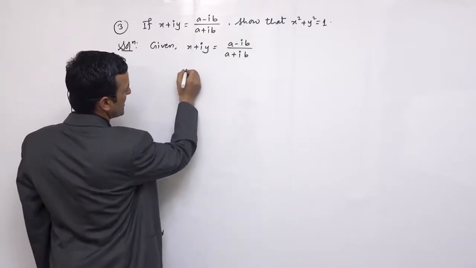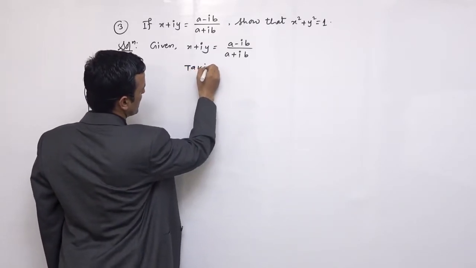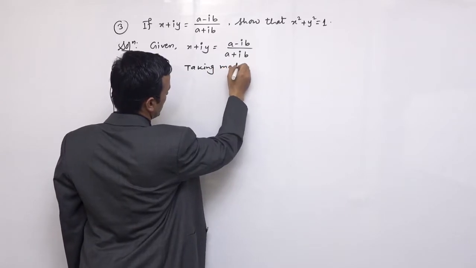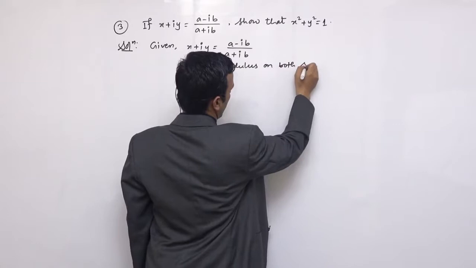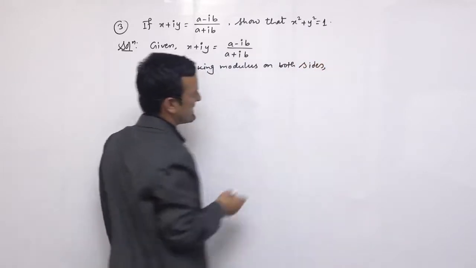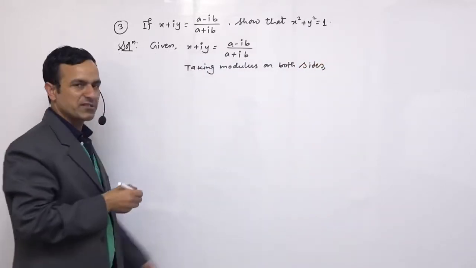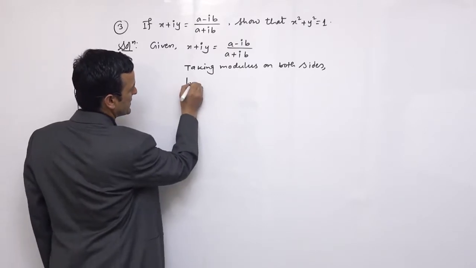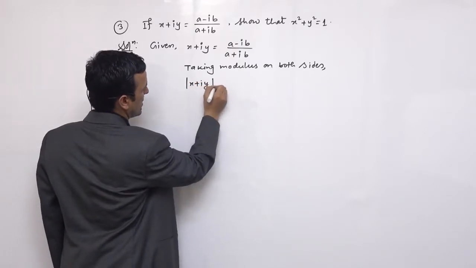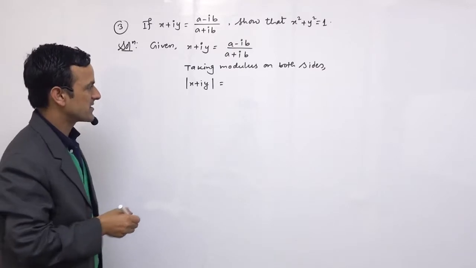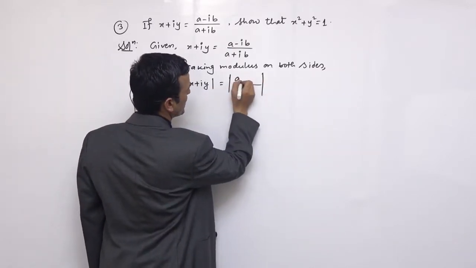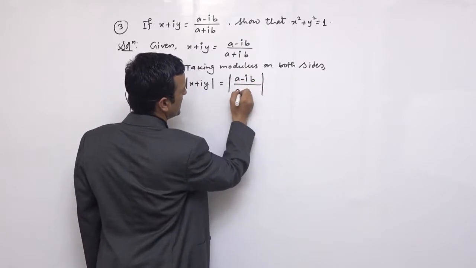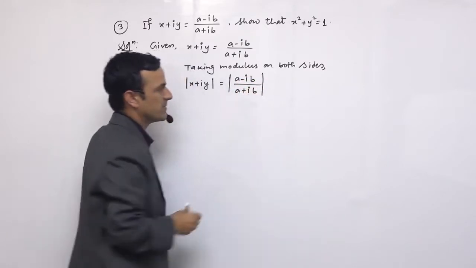In this step we have to take the modulus, taking modulus on both sides. So after taking modulus on both sides we get this one. It is the symbol of modulus: modulus of x plus iy and the whole modulus of the given expression (a minus iv) by (a plus iv).